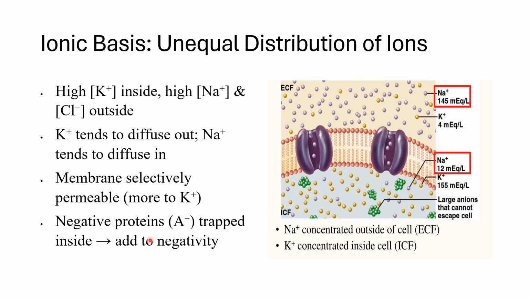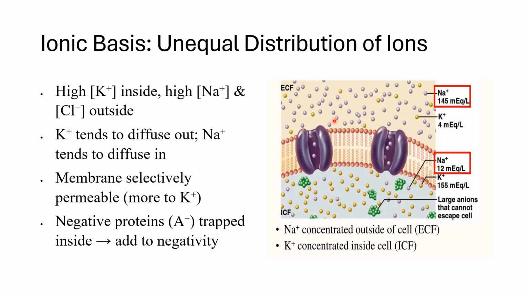Now, to understand the resting membrane potential, we need to start with the surrounding foundation. Now, this is the unequal distribution of ions across the cell membrane. Inside the cell, the concentration of potassium ions is high, while outside, concentrations of sodium and chloride are much higher. These gradients are actively maintained and form the chemical energy source for membrane voltage. Now, because potassium is more concentrated inside, it naturally tends to diffuse outward through potassium leak channels.